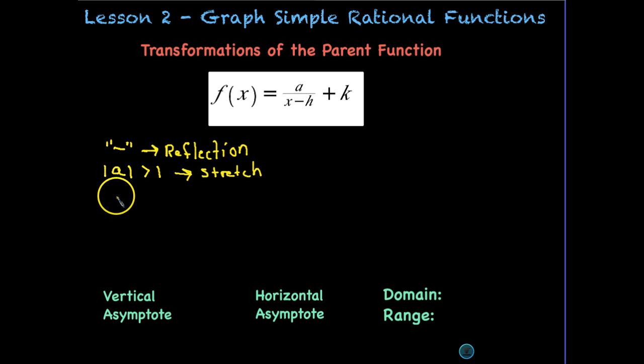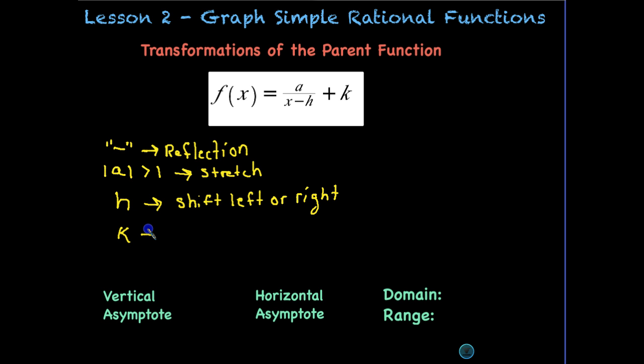Now we also have an h. So if we look at our h value, that's going to be a shift left or right. Now remember, anytime it's in an expression with x, it's always going to shift the opposite direction. For example, if I had x minus 2, that would be a shift right of 2.